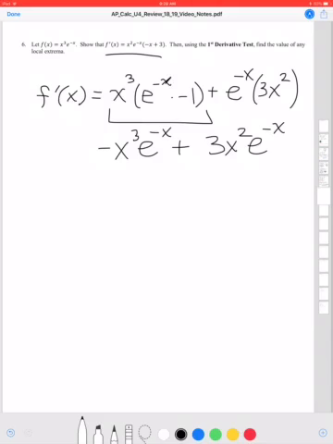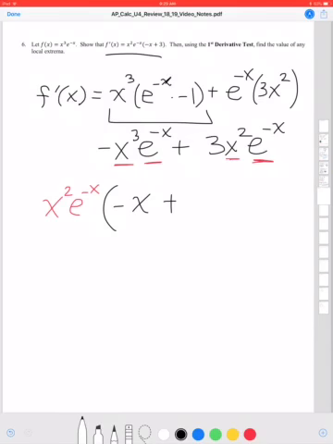Alright, looks like the final answer has been factored. So what can I pull out? Let's see, they both have x's, so I can take an x squared out, and they both got an e to the negative x, so I can take that out as well. So I'm going to take out an x squared and an e to the negative x.